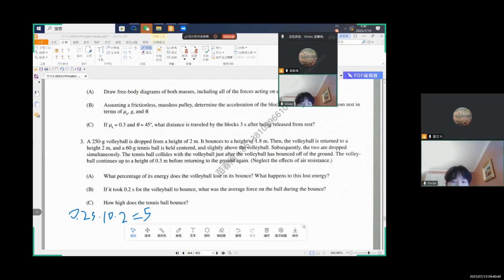The potential energy when you drop it, and then it only comes back to 1.8, so that's like 0.25 times 10 times 1.8, which is 4.5.